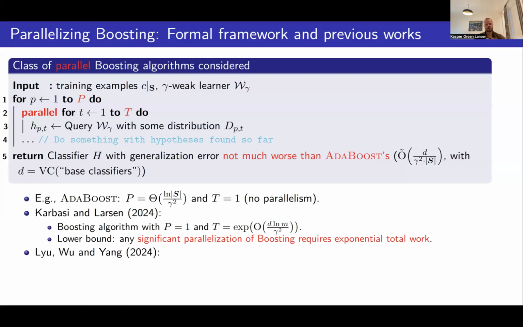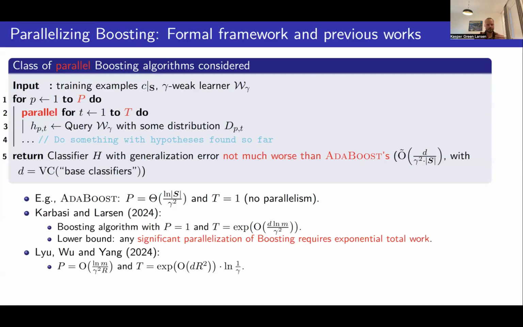Then there was follow-up work by Lu, Wu, and Yang, also in 2024, that gave a trade-off basically between AdaBoost and the one-round algorithm. If you look at the number of rounds, log m over gamma squared is the performance that AdaBoost has.